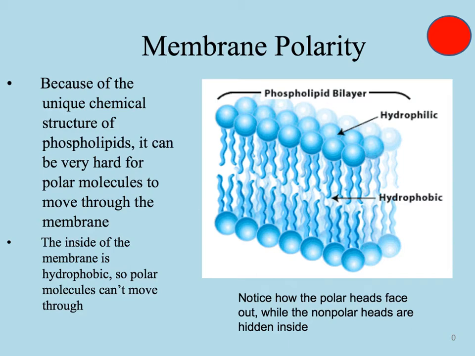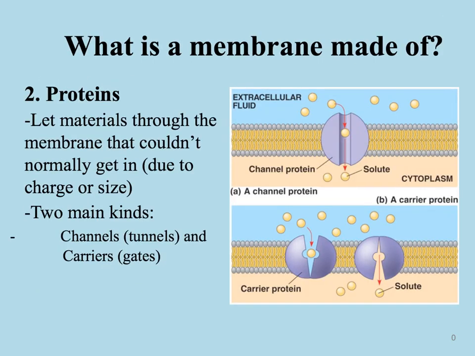Obviously, there are going to be times when the cell membrane might need to move through something that is bigger than the little spaces would allow or would have a charge. So there are ways to get those items in, and we're going to talk about those in a second. The second component of the cell membrane we talked about also when we talked about macromolecules are proteins. So for this class, you need to know there are two types of proteins.